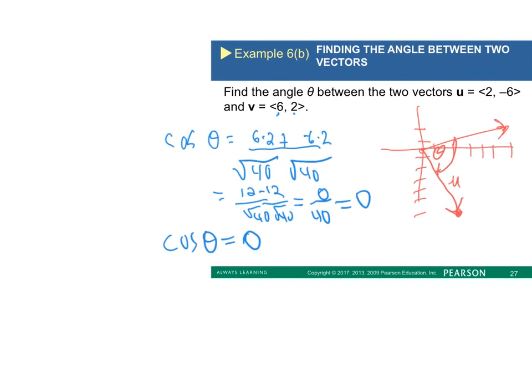Do I really need to go to my calculator? Cosine of what is 0? Cosine is 1 at one angle, this one's a 0. What angle is that? Theta is 90 degrees. And if you look very carefully, my picture was almost perfect. 90 degrees.